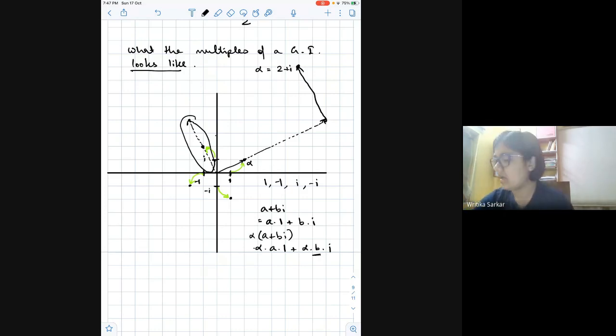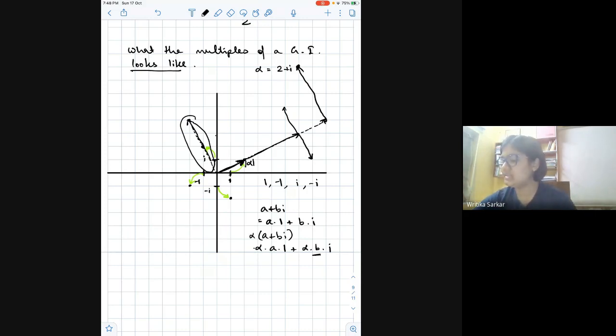So any point after multiplication by alpha is going to be like walking along this direction, an integer number of steps, where the modulus of alpha is the length of the step, and then you go in this direction from this point, anywhere over here or over here, and then you also walk an integer number of steps.